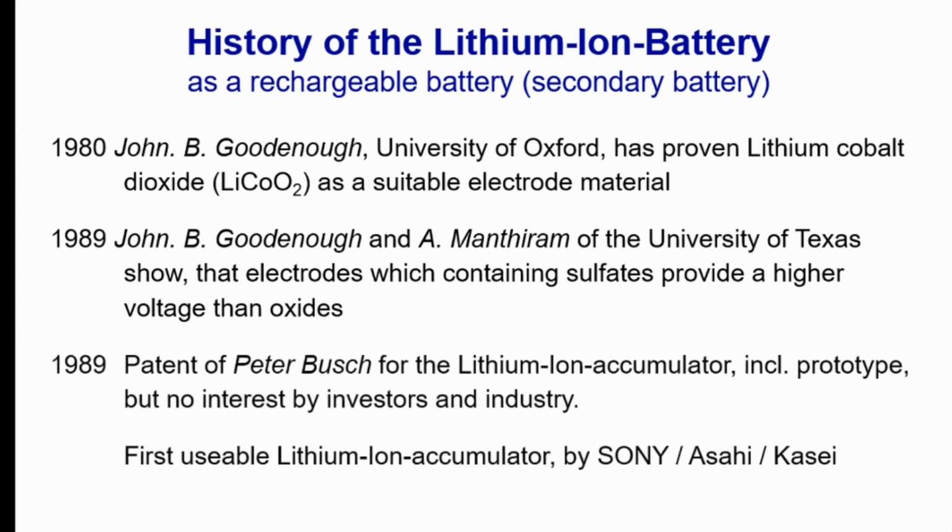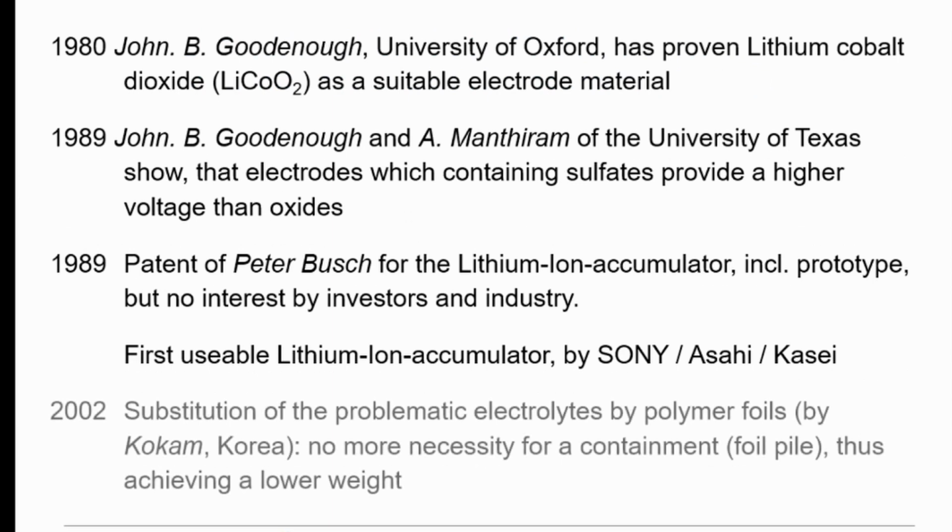Interestingly, in the same year, there was a patent by the German Peter Busch on a lithium-ion accumulator, and he presented prototypes, but there was no interest from investors in industry. Independently, Sony and Asahi Kasai manufactured their own lithium-ion accumulator without considering that patent.